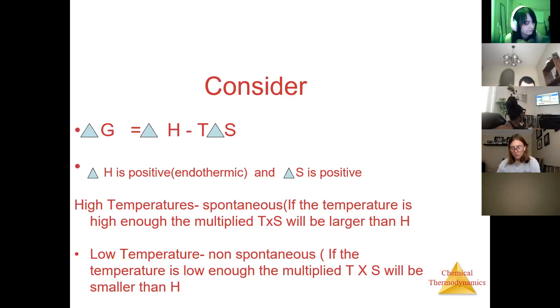On the other hand, if my temperature is low, that's going to make the second term even smaller. If it's small enough, the H is going to be larger, and my delta G will be positive. So under these circumstances, high temperature, negative delta G, spontaneous. Low temperature, positive delta G, non-spontaneous.